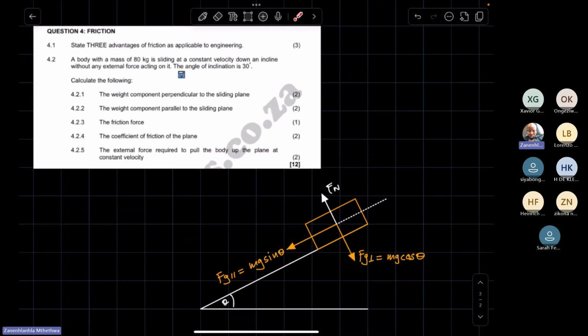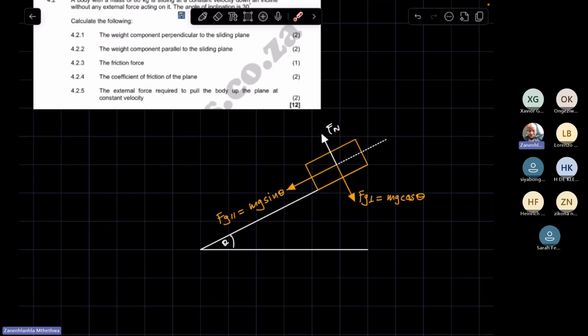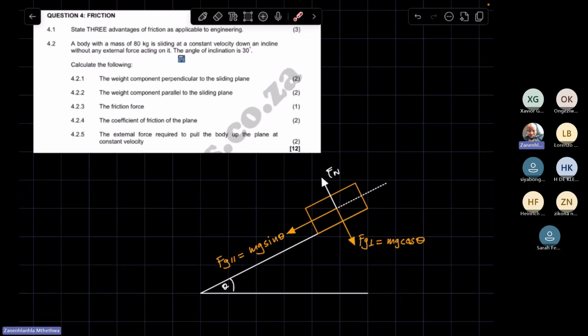Now, when an object slides down the incline without any force being applied on it, what that suggests is that the inclined plane is such that it is at an angle of repose. It is at the angle of repose that the object is able to slide down the incline on its own, without any applied force.